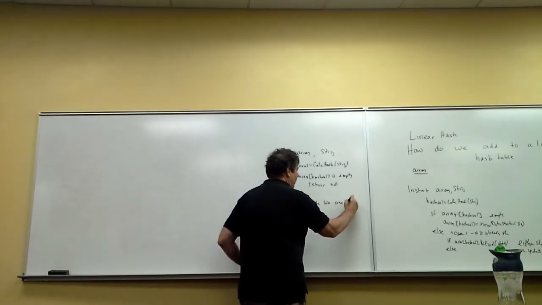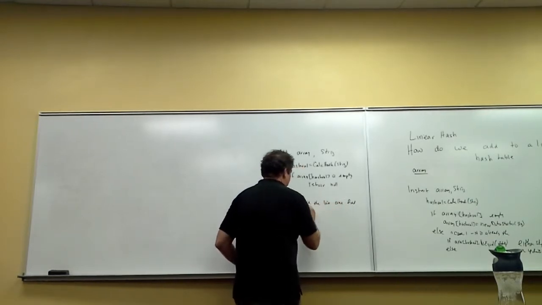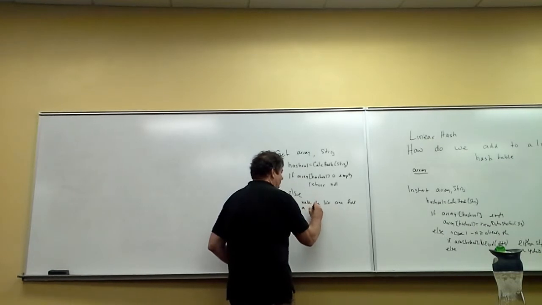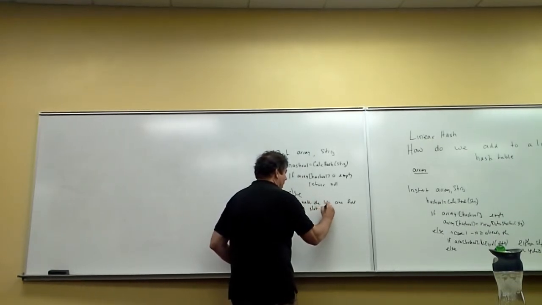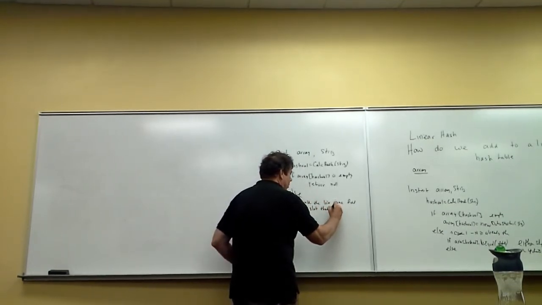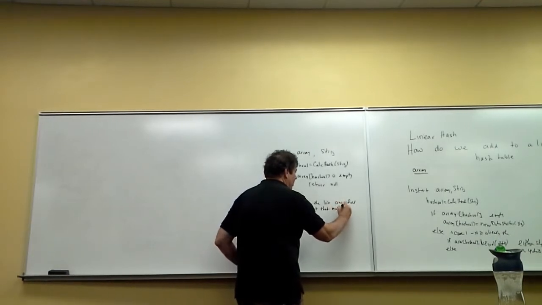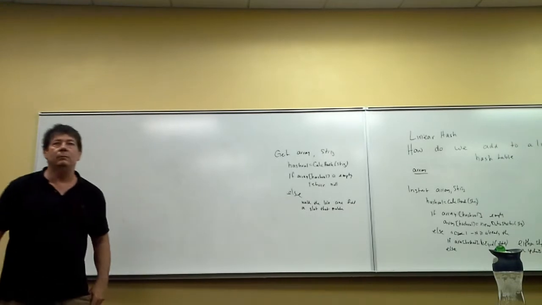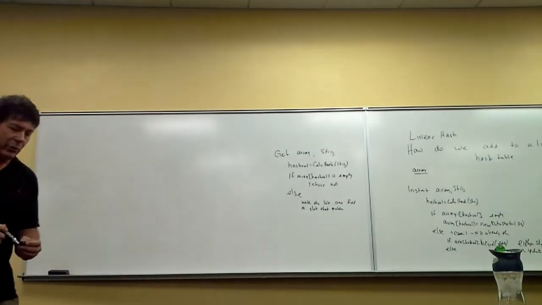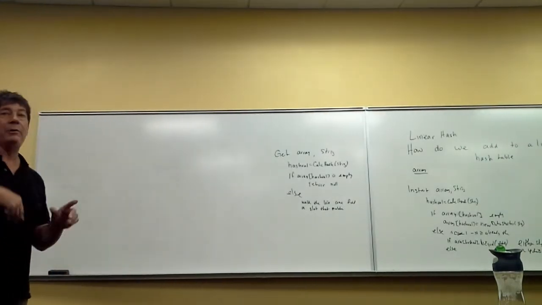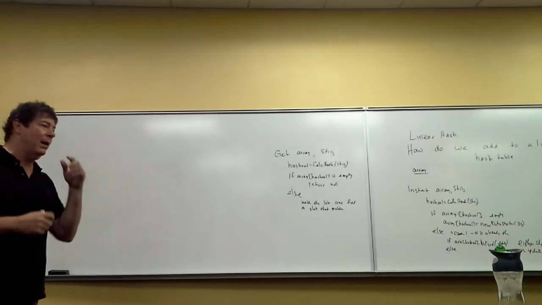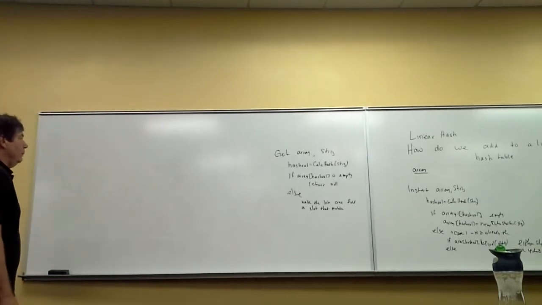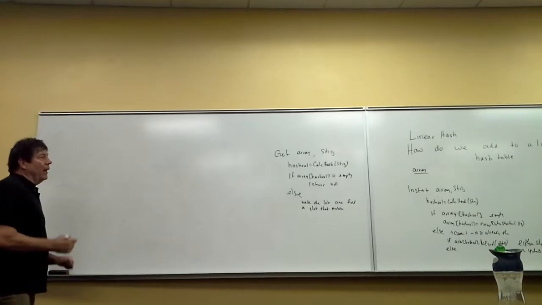And find a slot that matches. It might be the first slot or it might not be. Could be the last slot on the list. And here again, we have to make sure we have a mechanism that allows it to wrap. If you're using a mod, then it's going to wrap. Okay, so that's a linear hash.